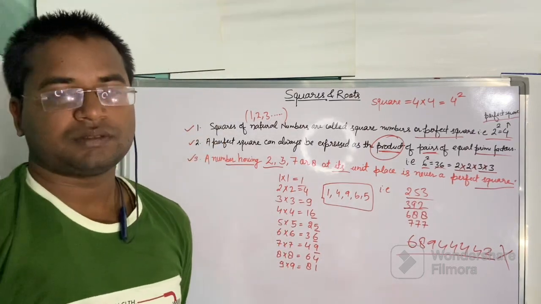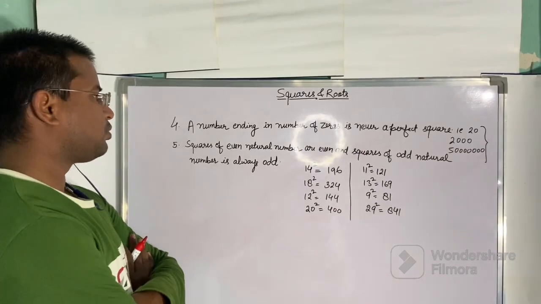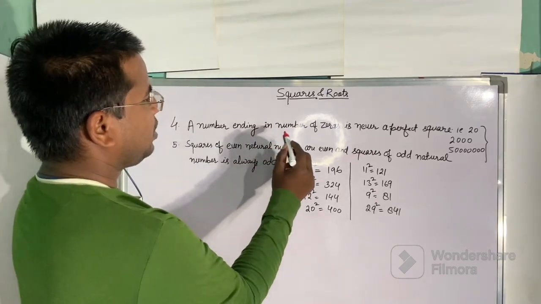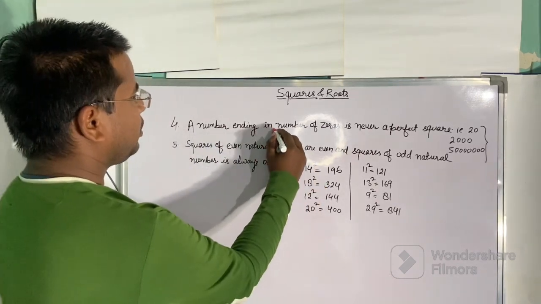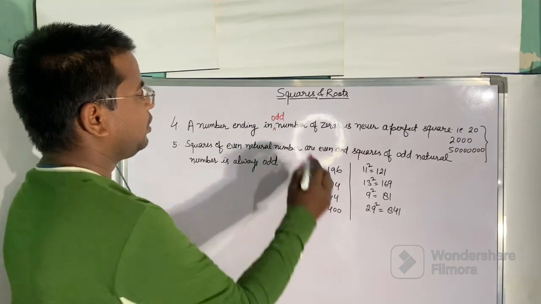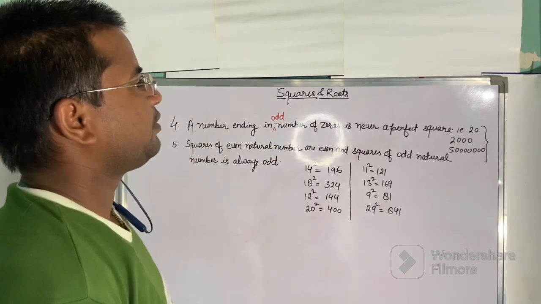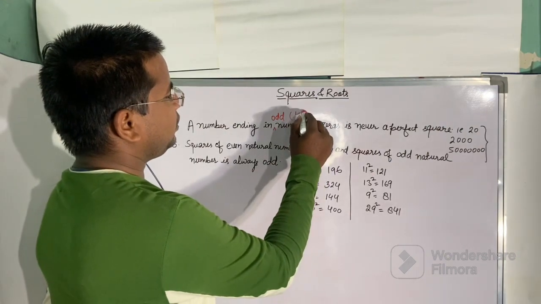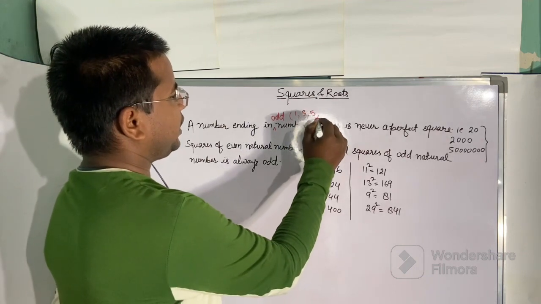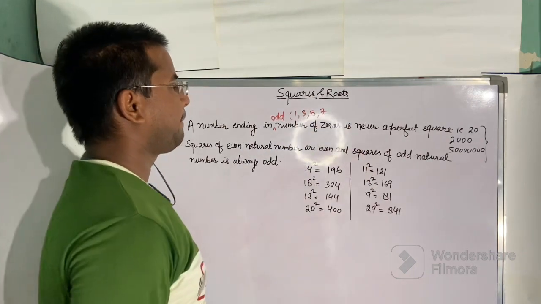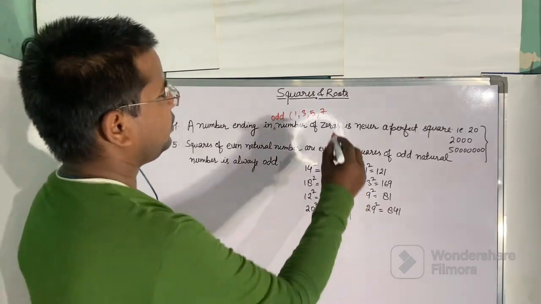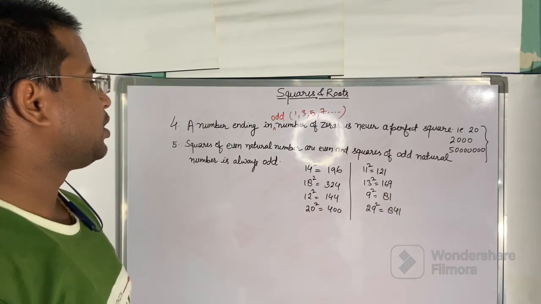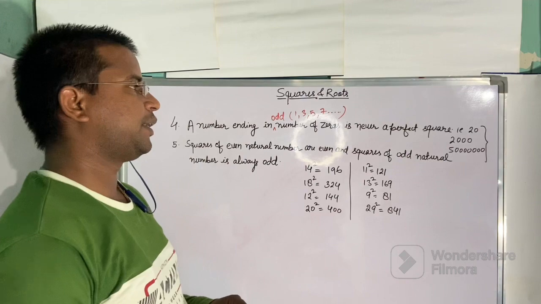Okay, in the next rule, it is said that a number ending in an odd number of zeros is never a perfect square. Odd numbers are 1, 3, 5, 7, that is, numbers which are not divisible by 2.